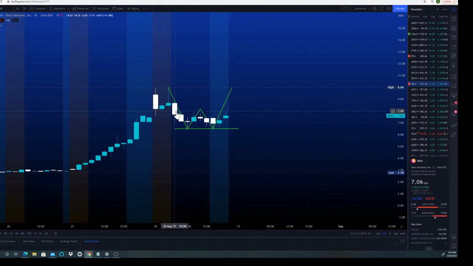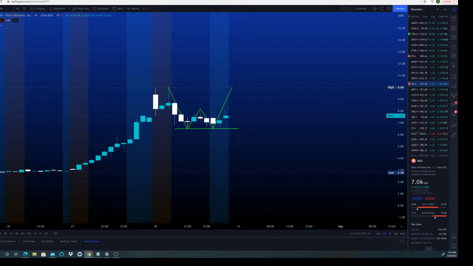Right, so that's pretty much my take on BBIG. I think Thomas was on the same page about the $8 mark. So it's right around that same area where it's going to overtake that intermediate resistance level. And then we'll see how the volume and the short squeeze actually propels it higher.